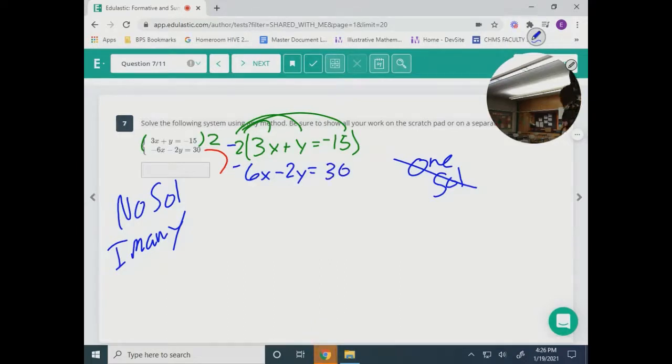Then I take my second equation and plug it in down here, and I say negative 6x minus 2y is equal to 30. Okay, so now we can make the decision.